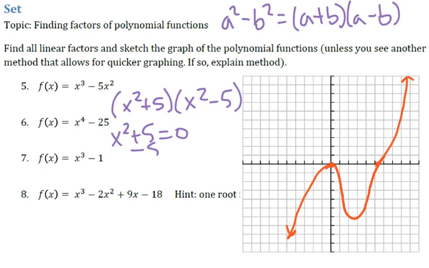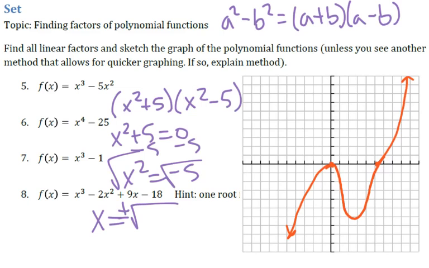So minus 5, so we get x squared equals negative 5. Take the square root of it, we get x equals plus or minus the square root of negative 5. So we've got a positive square root of negative 5, negative square root of negative 5, which deals with the imaginary roots.